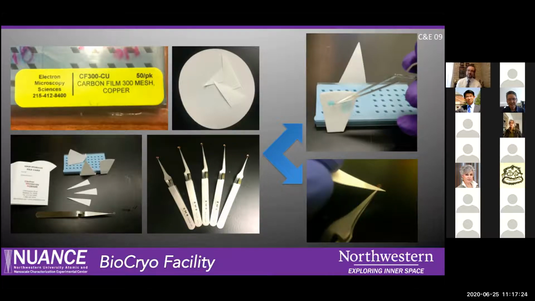Moving on to this slide, which is still part of the sample prep. I think this is a very good point. This grid brings up a lot of points, especially about the slight differences.